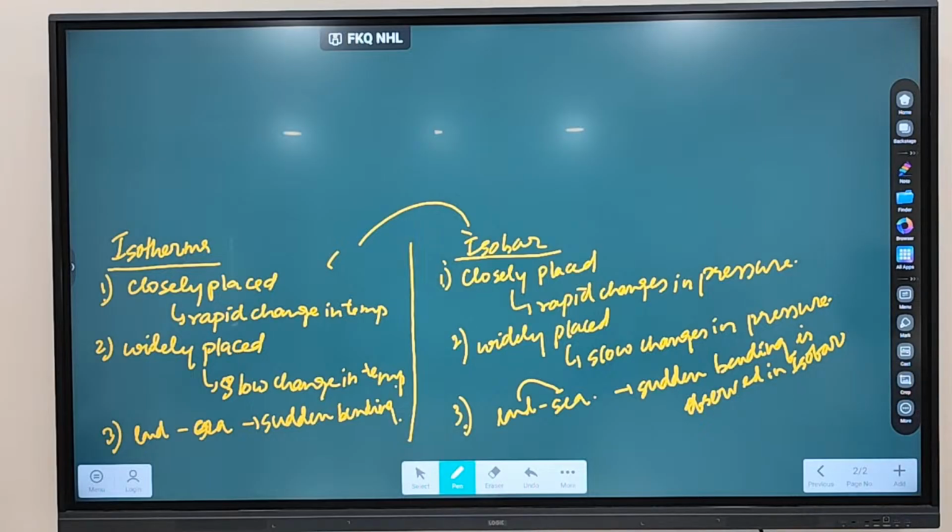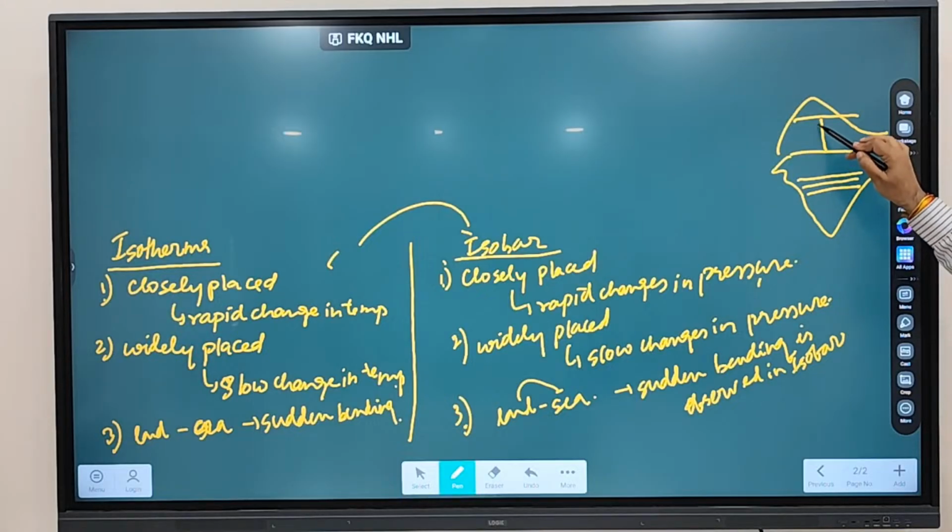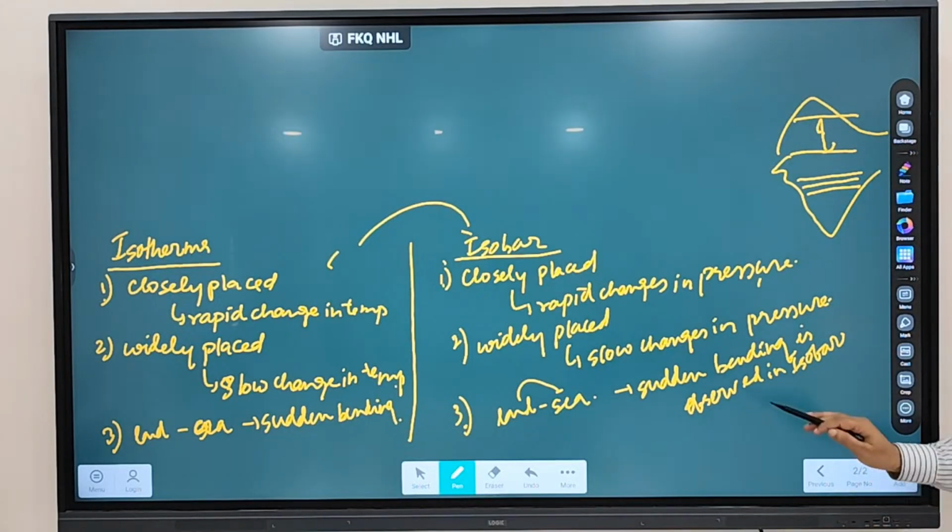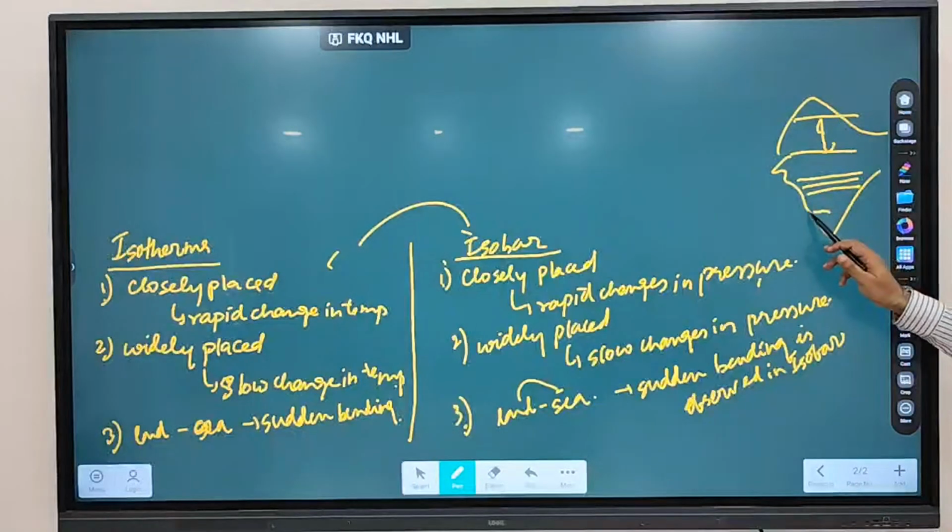Fine. So the same properties we have discussed with regard to isotherms also apply to isobar. If the lines are closely placed, it indicates rapid changes in pressure. If this line is widely placed, it indicates slow decline in pressure. And land-sea differentiation means whenever we move from land towards the sea, you'll see a bending being observed.